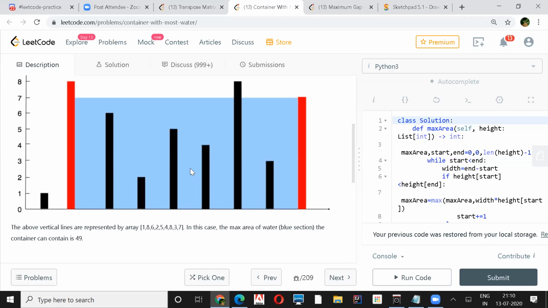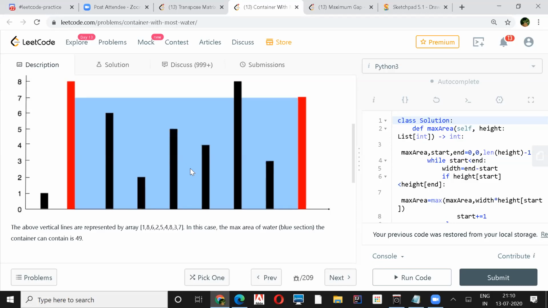But that problem could be solved by many approaches, right? DP, divide and conquer, stack. But this is just a couple of them, right? I think stack can also be a possible option here. Here too it looks the same, right?